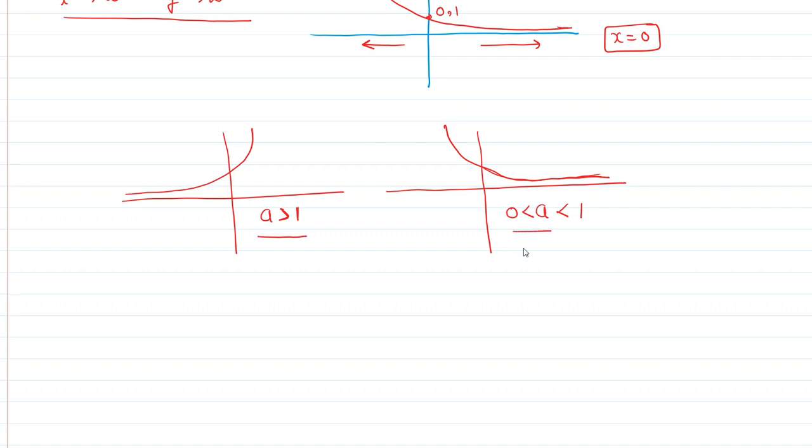So these are mirror images because let's say this is a to the power x, and this is a to the power minus x. Now this basically becomes a to the power minus x, all right? And when you just change this x to minus x, it mirrors along the y-axis, because the x part becomes the y part, all right? So this is the graphing of the exponential function.